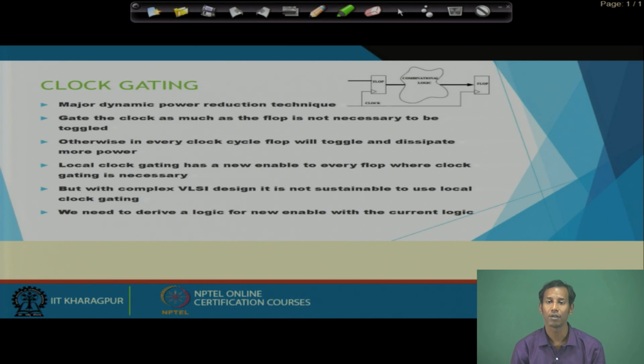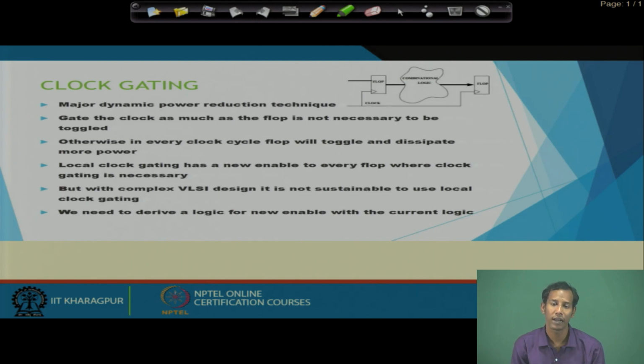To kill that, we use the circuit technique named clock gating. Whenever the device is in idle state, the clock is also idle; when the device is in an active state, the clock is active. So the clock signals of the sequential elements will be gated with one enable signal.